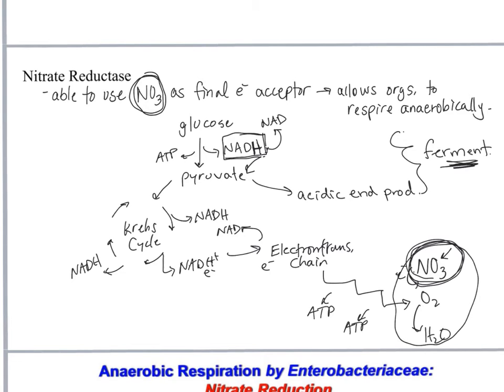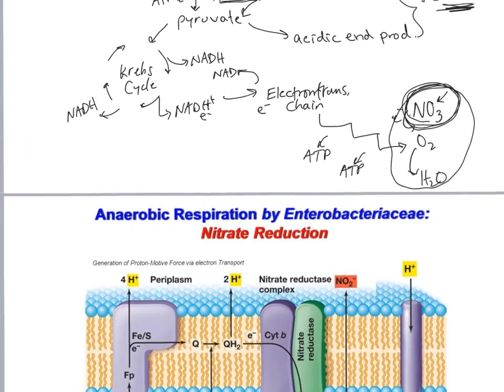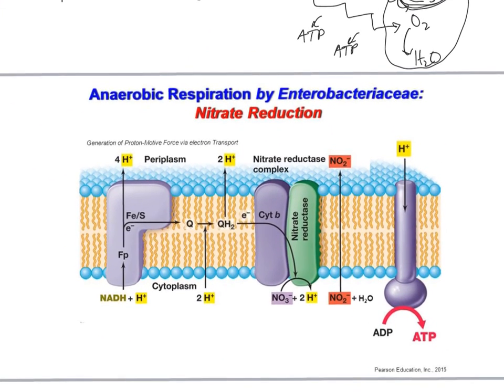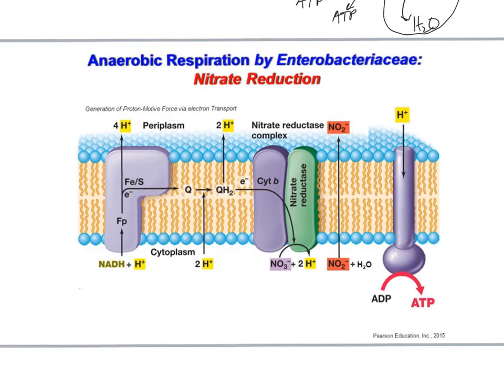Okay, organisms that are able to make nitrate reductase, I just wanted to show you this here. This is more complex than what we need in lab, but here's the enzyme nitrate reductase. If organisms have this enzyme, it's right down there embedded in the membrane.